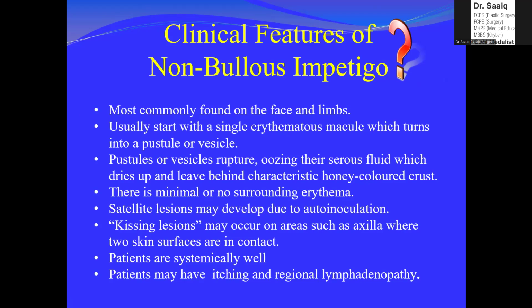There is usually minimal or no surrounding erythema around the lesions. Satellite lesions are quite common because of autoinfection or autoinoculation. Similarly, kissing lesions are also quite frequent. Usually, the patients are systemically well, and sometimes the patient may complain of itching and enlargement of lymph nodes.